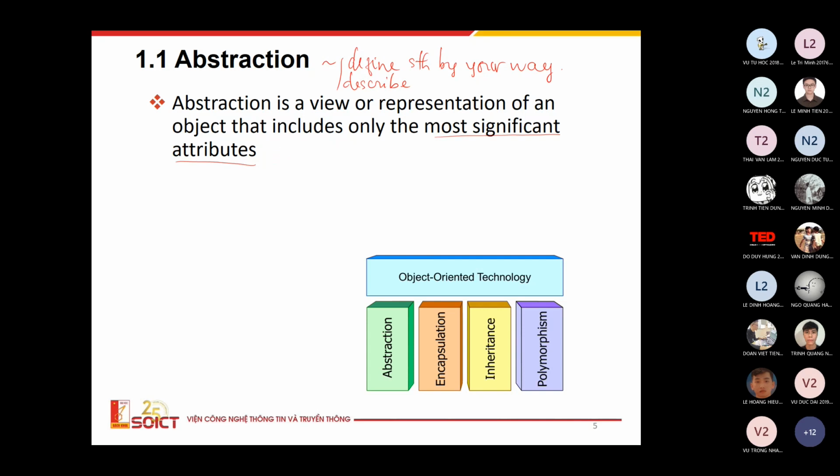Okay, thank you. So it's just the way you describe, view, or represent something. And it is one of the very important principles of OOP. And be careful that the most significant attribute or property means the property that can help you make the distinction of this object from the others.